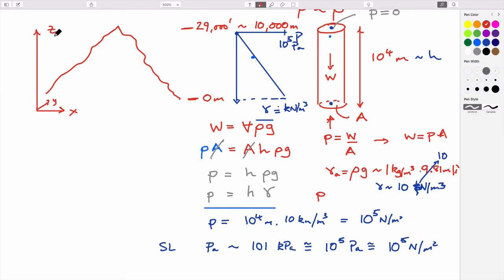We'll take z vertically upwards, using a right-handed coordinate system. And if we do that, then we could replace h with pressure is equal to the unit weight multiplied by z. We just have to be a little bit careful about where we measure it from.